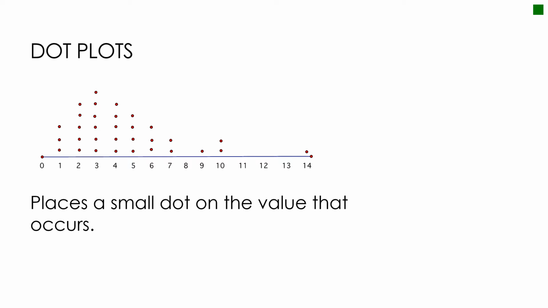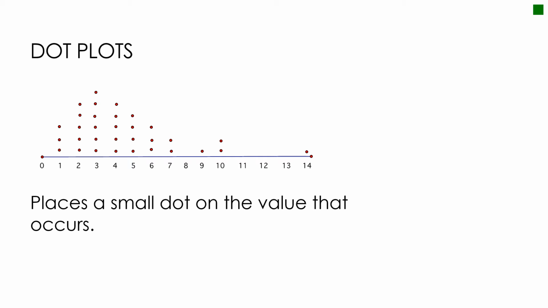A dot plot is one way for us to display our numerical or quantitative data. The advantage of a dot plot is that it looks like a bar chart, so we can treat it in the same way as our bar chart, which we will learn is actually called a histogram when dealing with quantitative data.